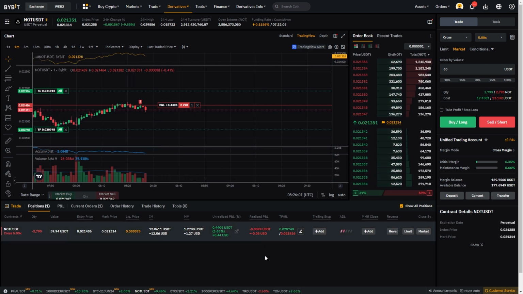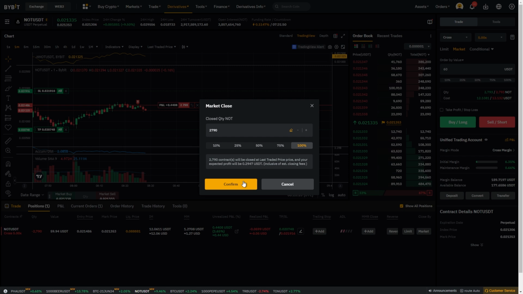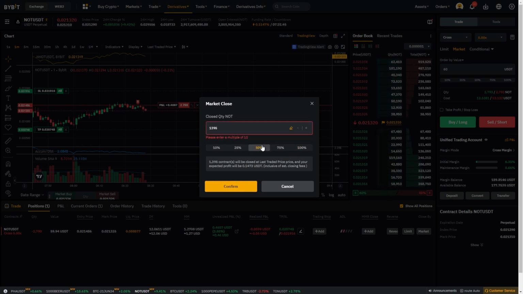In principle, somewhere like this. Here at the bottom, as you can see, is written our unrealized PNL. That is, now we are still in the plus 0.04 cents, and we can safely close our deal with the button Market or Limit. If we want to close at limit, we choose limit.